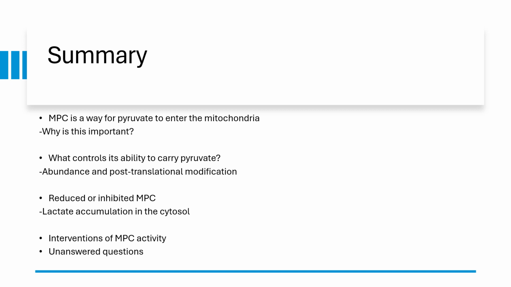And we also learned about the interventions of MPC activity. And so with all things concluded in this study, it is still hard to answer questions because of the complexities that surround this topic. But this study shows valuable insight into how MPC expression plays a role in heart failure.